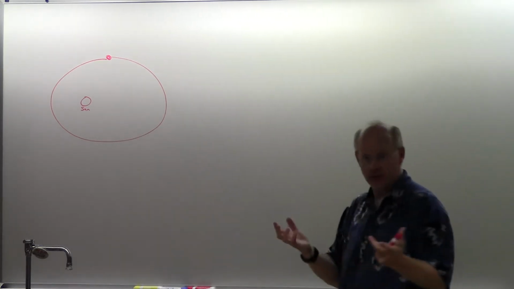All of our orbits are ellipses, but the Earth is not that elliptical. So this is a much more elliptical orbit. Maybe I'll pick on Pluto, if I can still call Pluto a planet. So if I call Pluto a planet here, this is maybe a good picture of it.